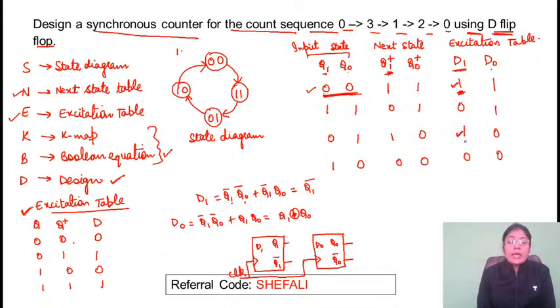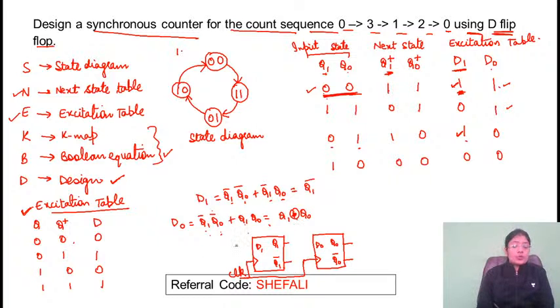Second one we are getting at Q1 complement Q0, and after the simplification we are getting this as Q1 complement, right? In the next, we are getting 1 here and 1 here. Corresponding to this one, input was 0, 0. So this comes out to be Q1 complement, Q0 complement, plus Q1, Q0. That is nothing but XNOR gate.